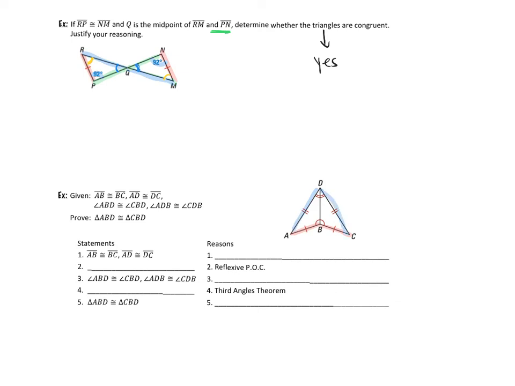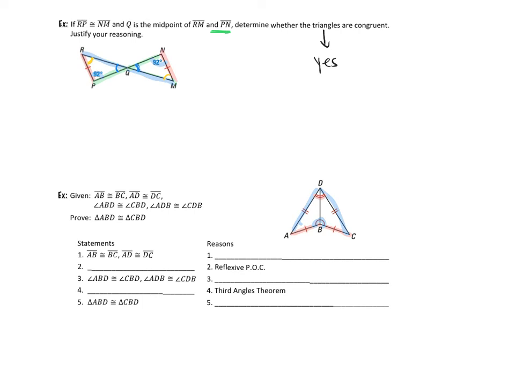We are told that angle ABD is congruent to angle CBD, and that angle ADB is congruent to angle CDB. We want to prove that our 2 triangles are congruent.